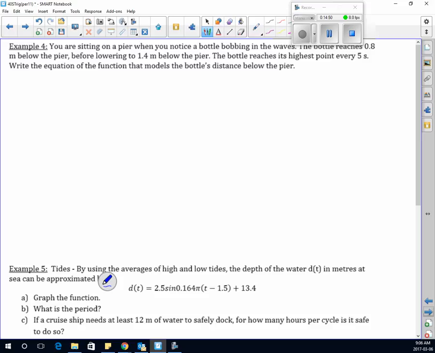So here is the pier, say, and then here is the water height. That's not a very good diagram. I'll try again. Here is the pier, and here is, say, the water level. Water. Yeah? This is the pier.